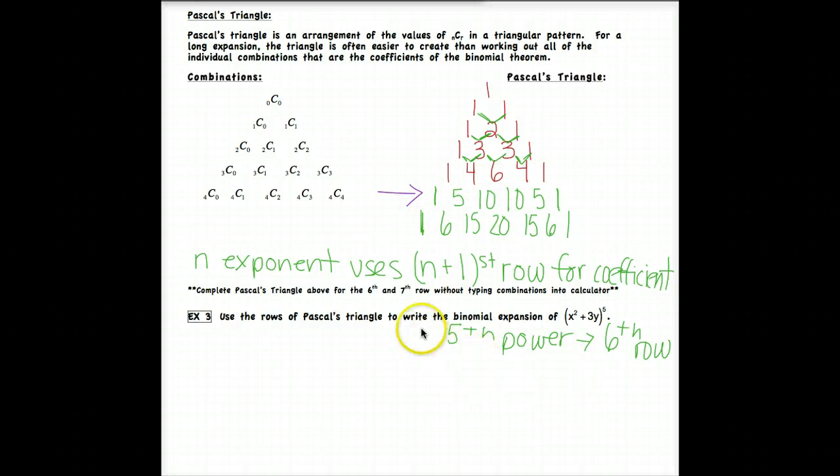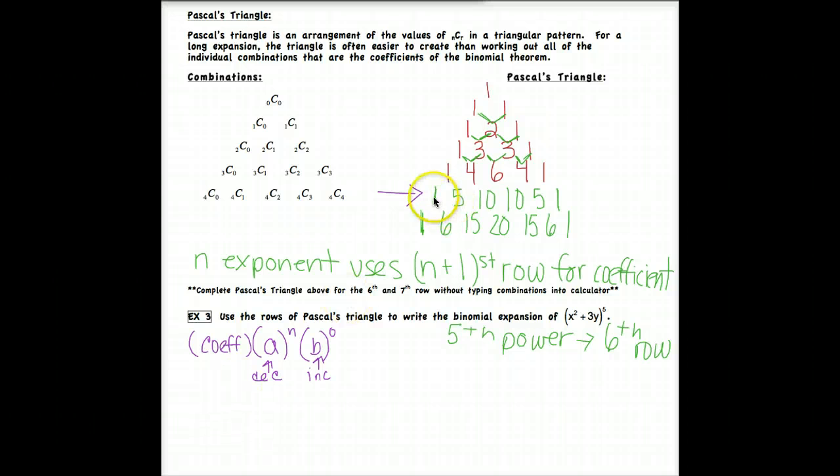There is the 6th row, so instead of doing combinations as the first part, because there's always 3 parts, we're going to have the coefficient, and then we're going to have the a to the n term, and then we're going to have the b to the 0 term. Remember that this one decreases, and this one is going to increase.